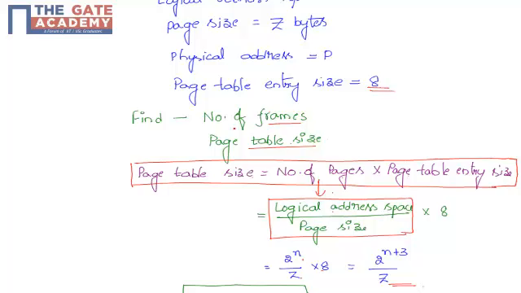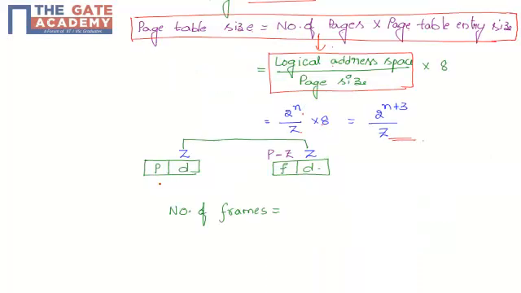Next we have to calculate the number of frames. Before calculating the number of frames, we have to know how it works. The CPU will map the physical address and the logical address space using the page map table.